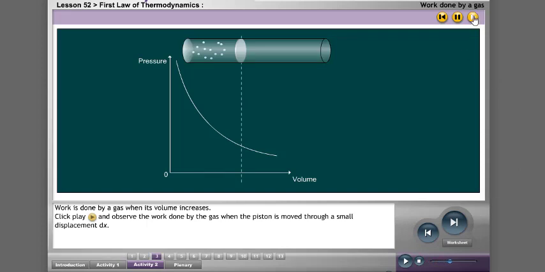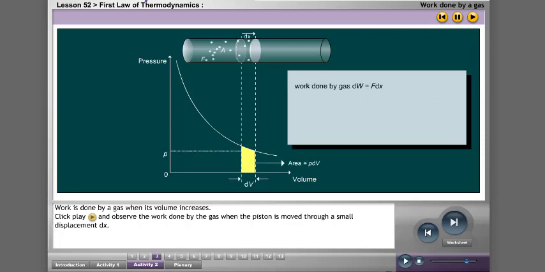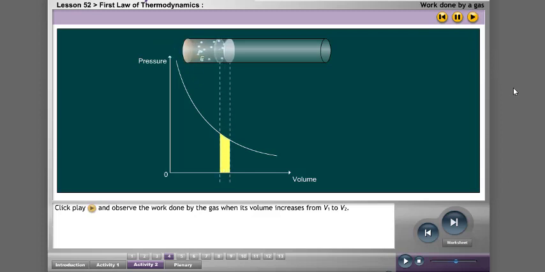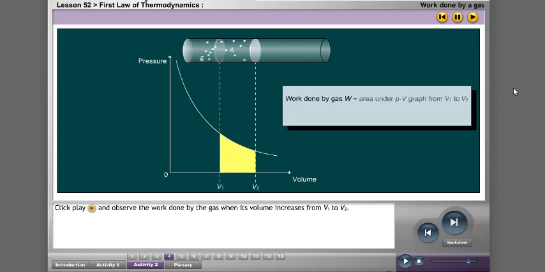Click the play button and observe the work done by the gas when the piston is moved through a small displacement dx. Click the play button and observe the work done by the gas when its volume increases from V1 to V2.